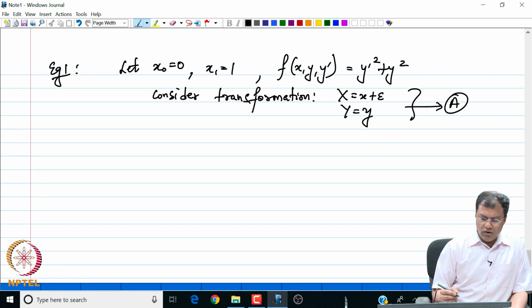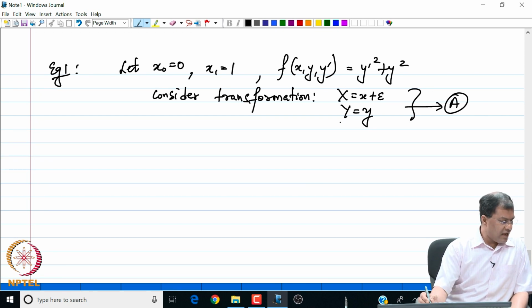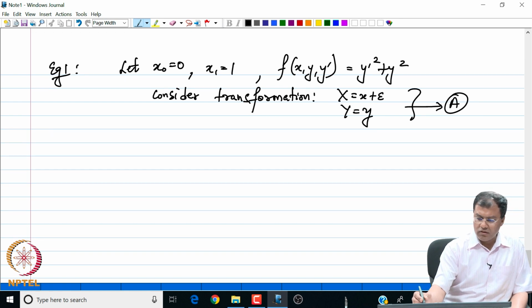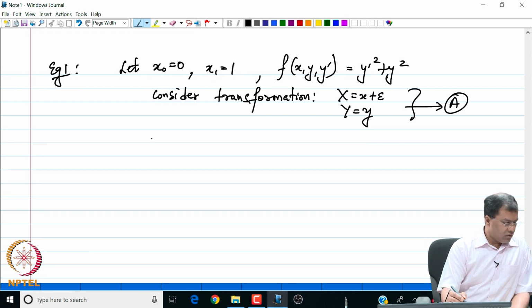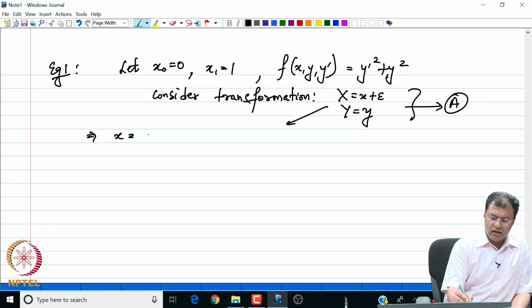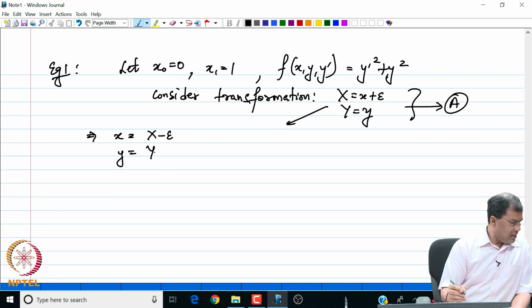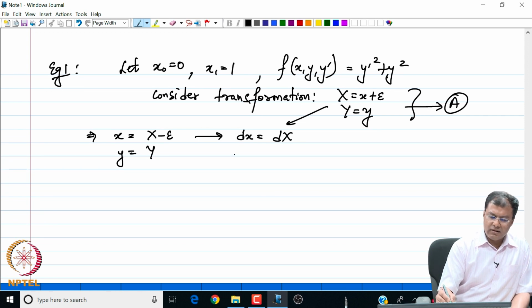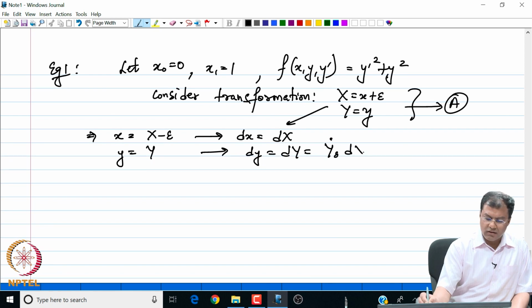From here I can find y epsilon. We want to substitute y and y prime. So, I can see that my small x is capital X minus epsilon and my small y is capital Y. Also, dx is capital DX, and dy is capital DY, which is also equal to y epsilon dot times dx.